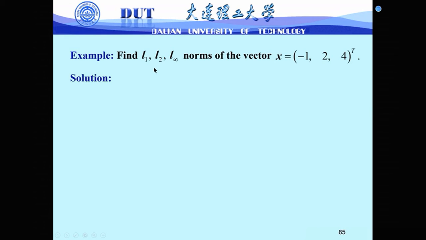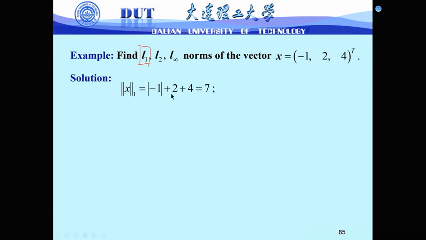You should remember L1 norm means total score, but you should note that for the total score we need to compute the absolute values, then compute the summation. So the L1 norm for this vector x should be the absolute value of -1, plus the absolute value of 2, just 2, plus the absolute value of 4.